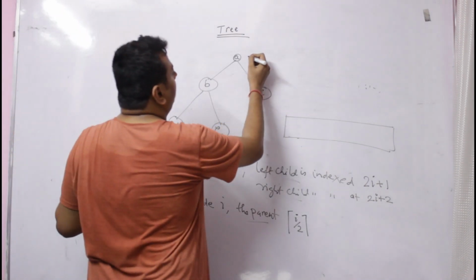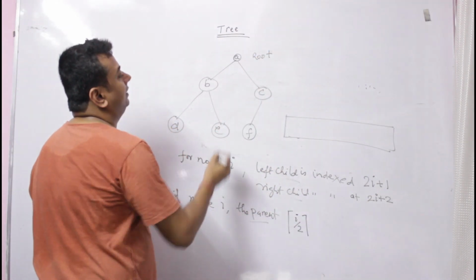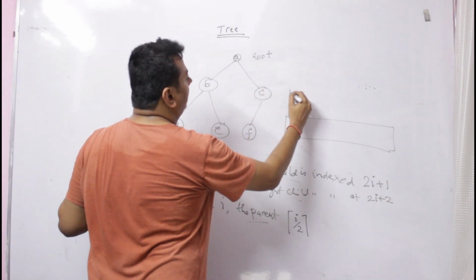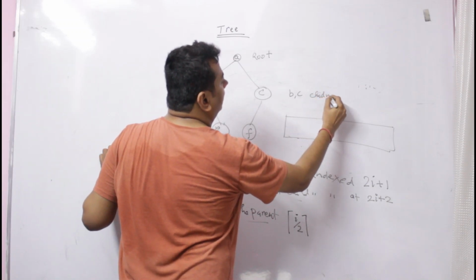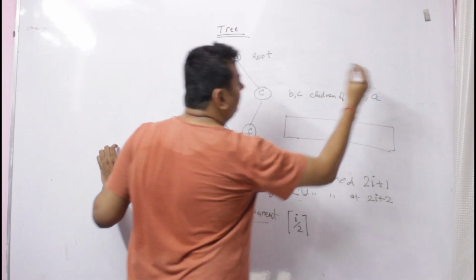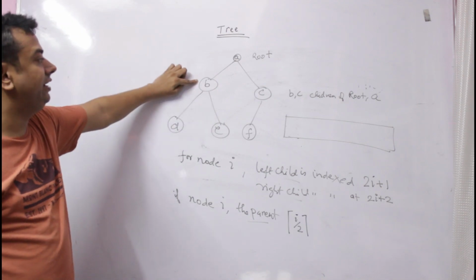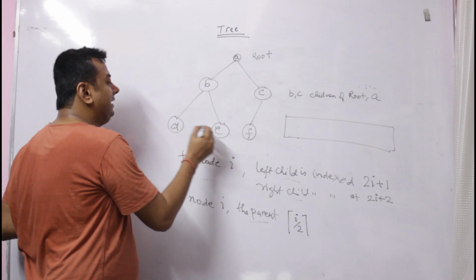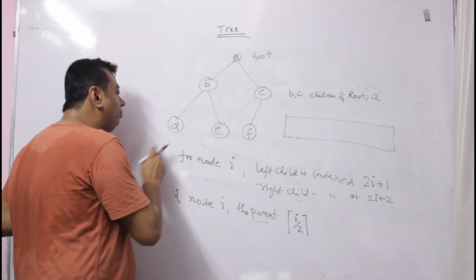So this is called the root. B and C are children of root A. D and E are children of node B. D, E, F are leaves, since there are no children in them.